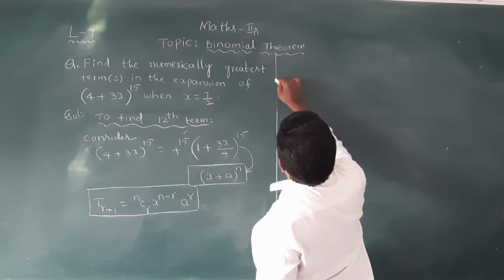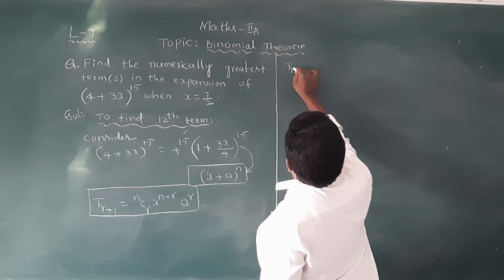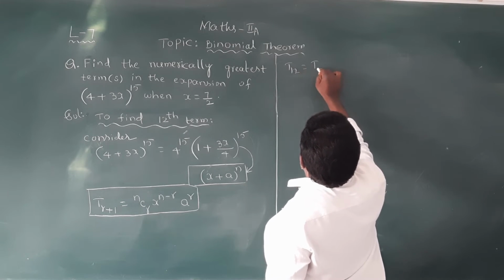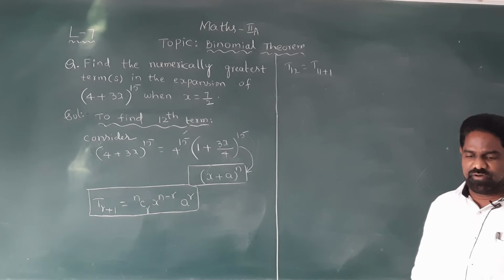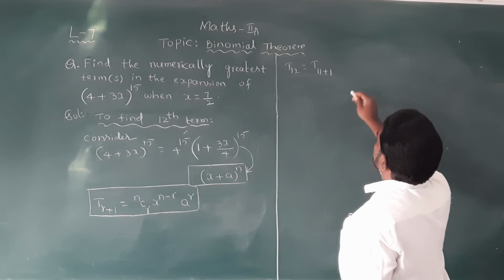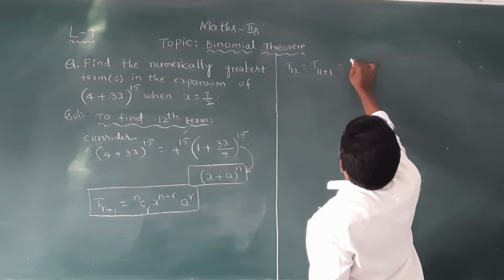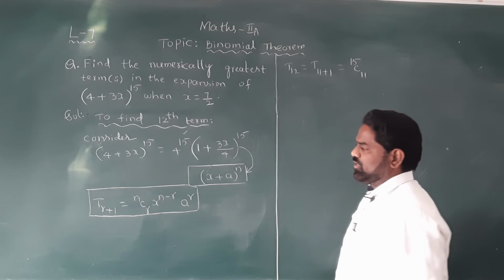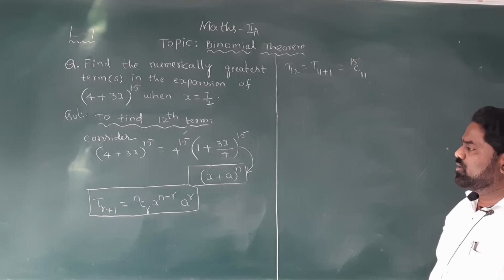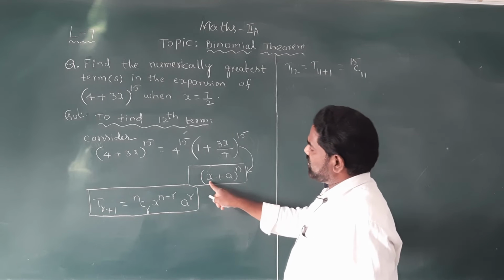T12 equals, it can be written as T(11+1). Now this can be nCr, 15C11, x power, what is x here?